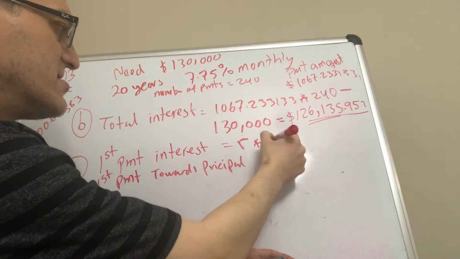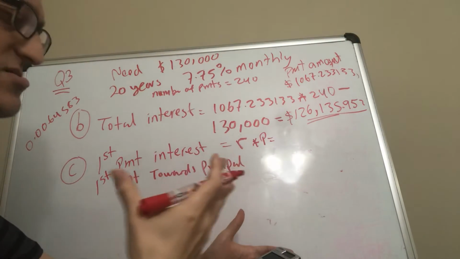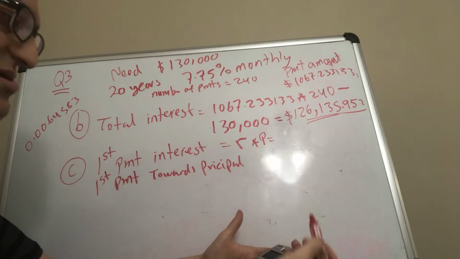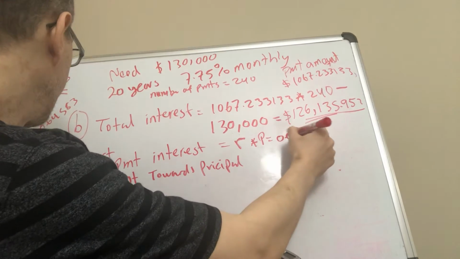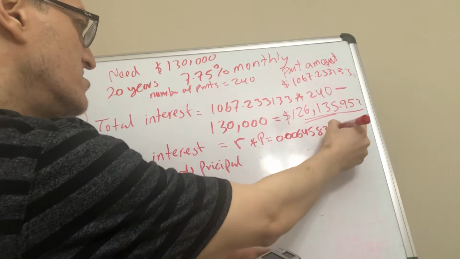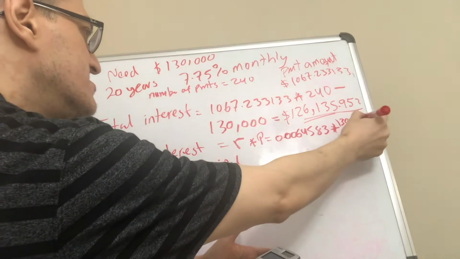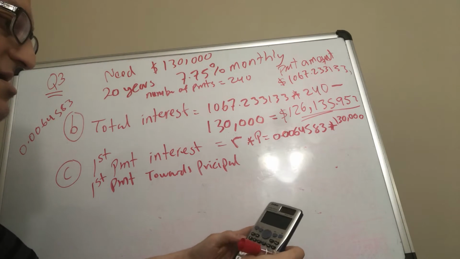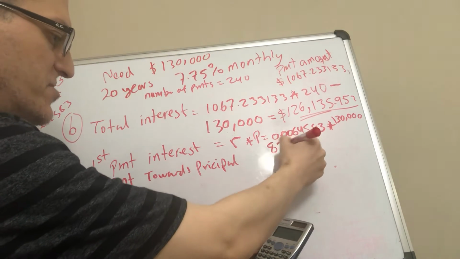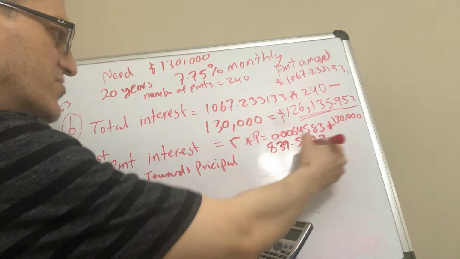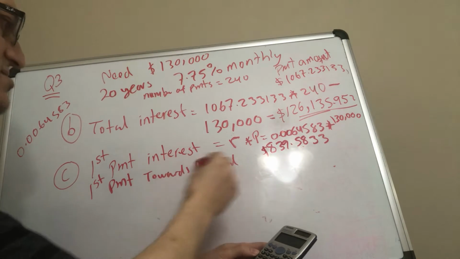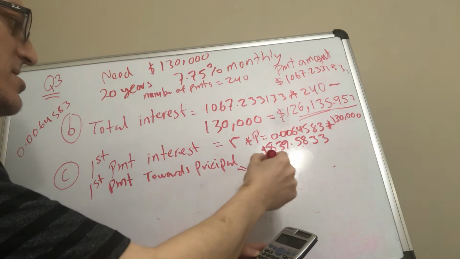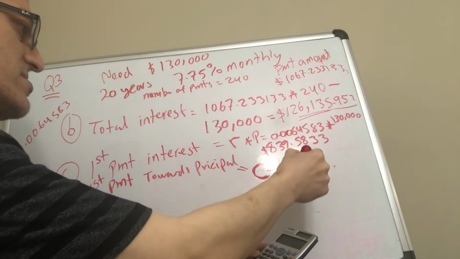And you multiply this by whatever the principal or the amount of the loan is at that point in time. At the very beginning, it's 130,000. So you take this number times 130,000, and that gives you 839.5833. That's your interest amount. Principal amount would always be the payment minus the interest amount.